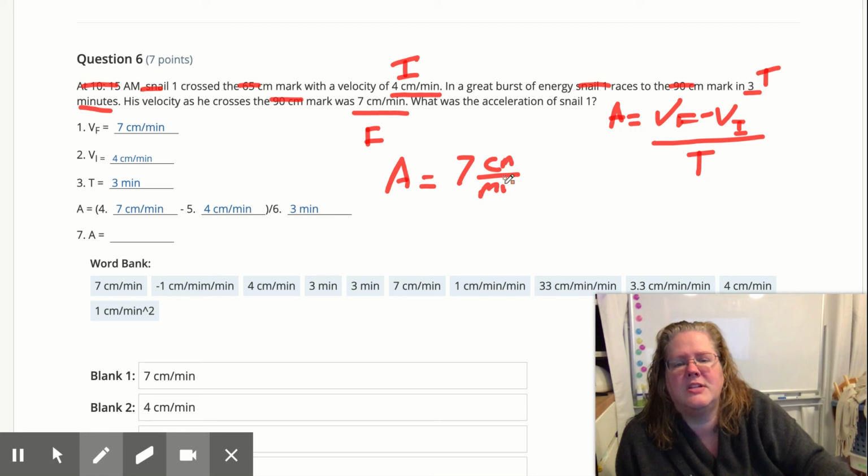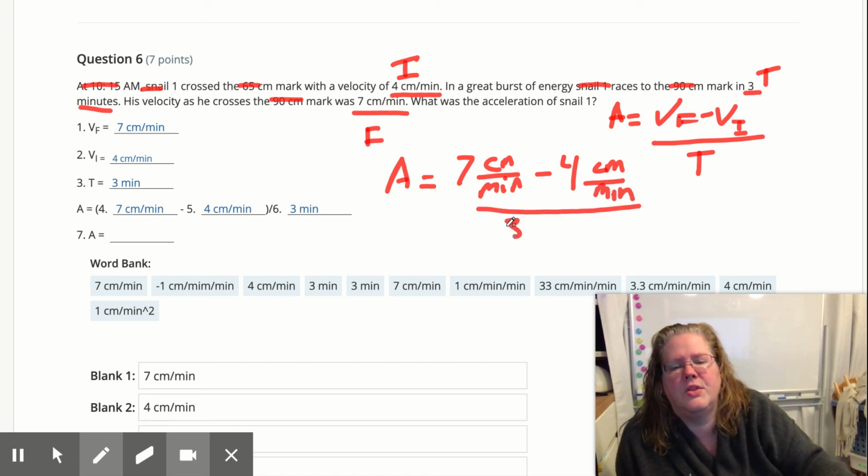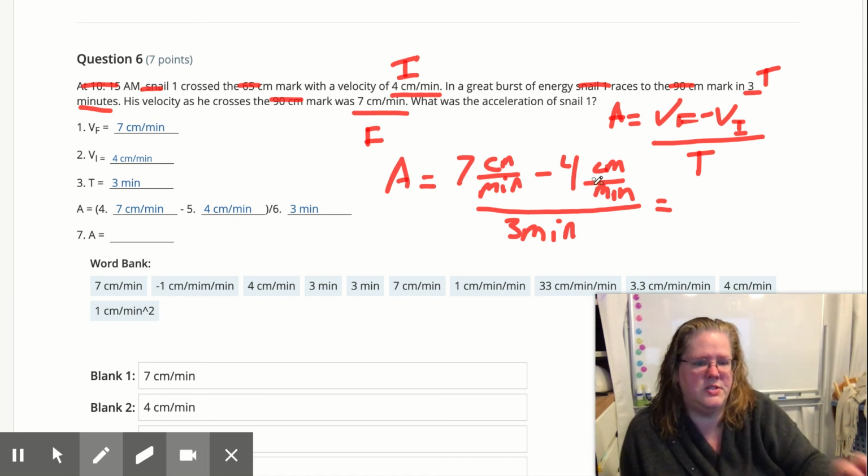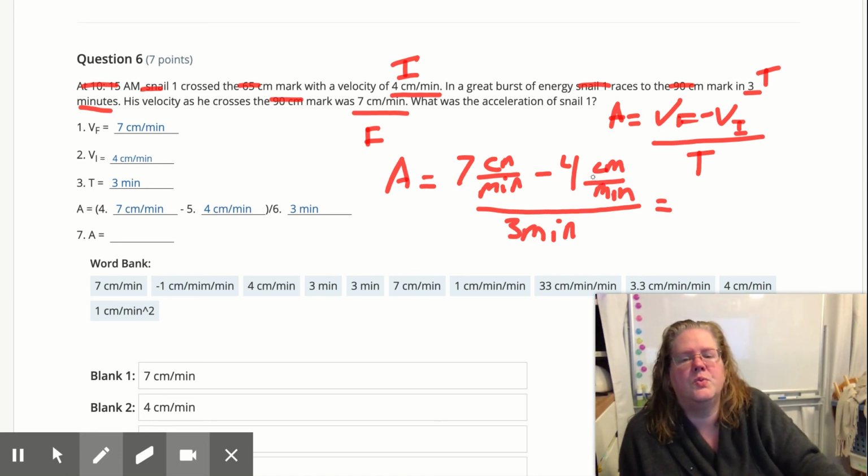And remember, we actually have to do MIN because M by itself is a meter, minus 4 centimeters per minute divided by 3 minutes. All right. Equals, well, let's work this through. 7 minus 4 is 3. 3 divided by 3 is 1, and I'm left with my unit of centimeters per minute.